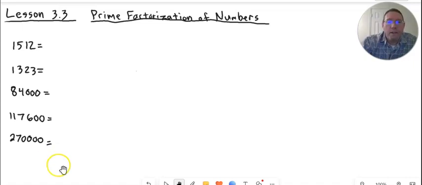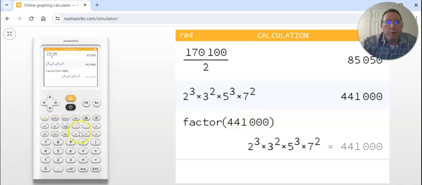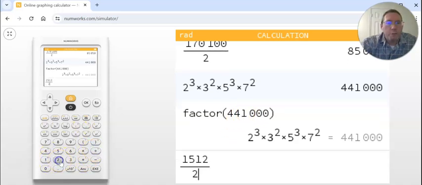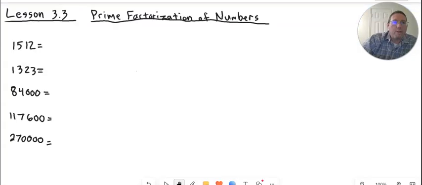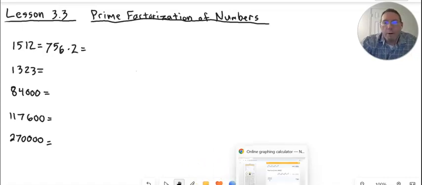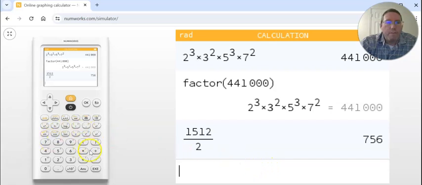So 1512 is an even number, so we're going to do 1512 divided by 2, and we get 756. Okay, so we can say that this is 756 times 2. Well, 756 is also an even number, and so we're going to divide 756 divided by 2.